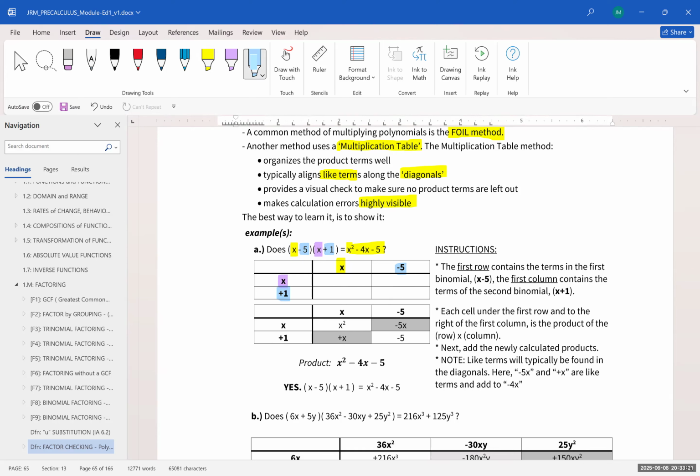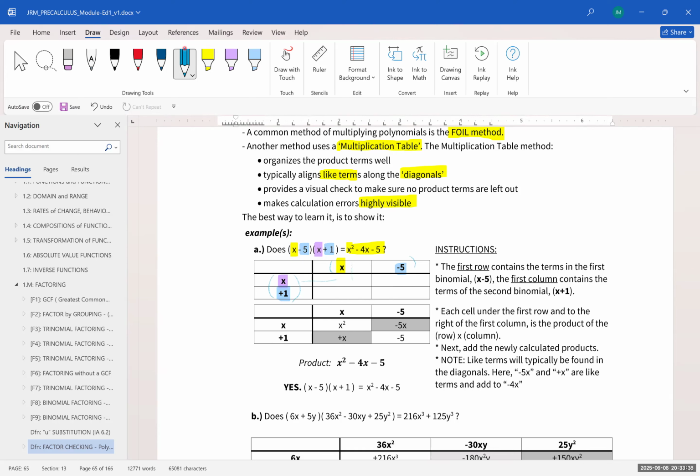Across the top, you have the first expression, and down the side, you have the other expression. And what you do is you just multiply column and row, right?